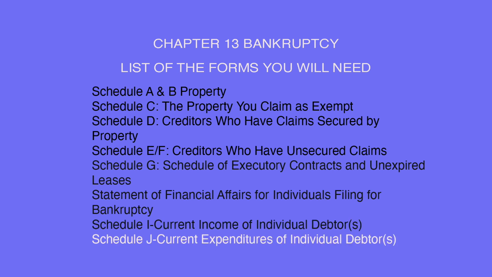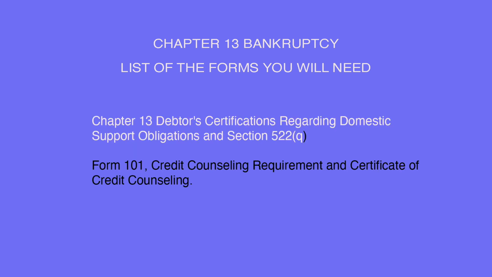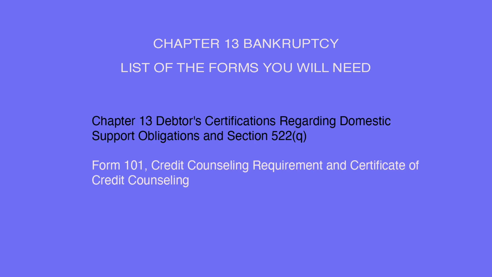Schedule J, current expenditures of individual debtor. Chapter 13, Debtors' certifications regarding domestic support obligations and Section 522(q). Form 101, Credit Counseling Requirement and Certificate of Credit Counseling. This is part of the voluntary petition form.